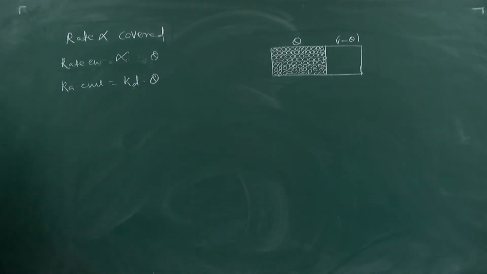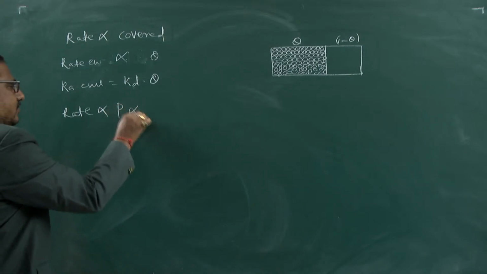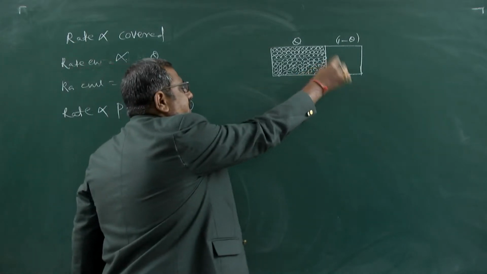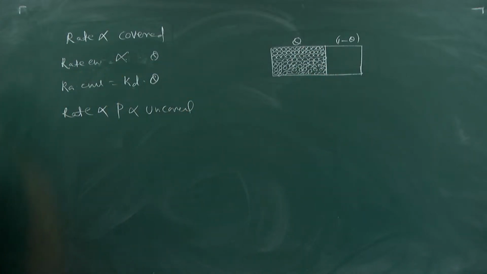Next, rate of adsorption. Rate of adsorption is directly proportional to the uncovered area. Which other factor is also involved? The pressure factor is also involved. Rate is directly proportional to P, and P is directly proportional to the uncovered area.